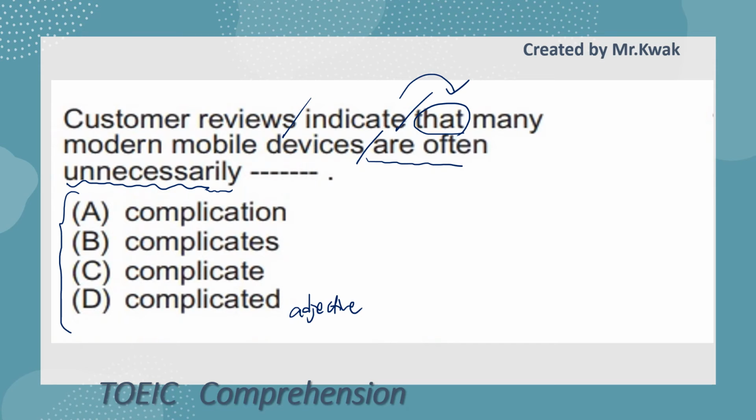Then we can ask a question: Mr. Kwok, when can we use A, like complication?